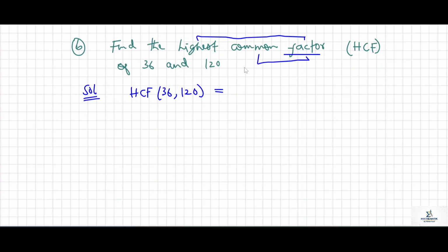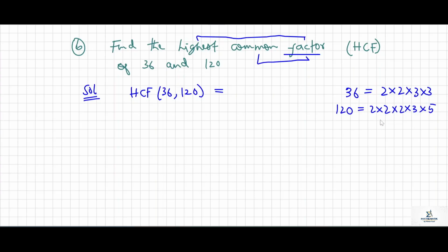So the highest common factor is, let's see, we can do it like this. As you can see, 36 can be written as 2 into 2 into 3 into 3, and 120 can be written as 2 into 2 into 2 into 3 and 5.